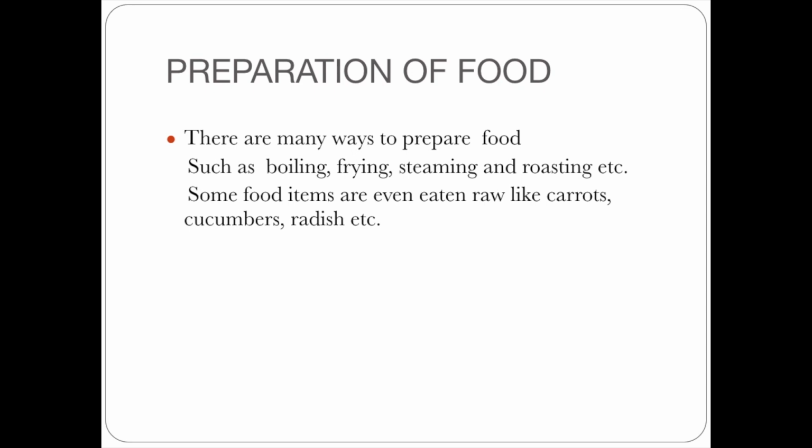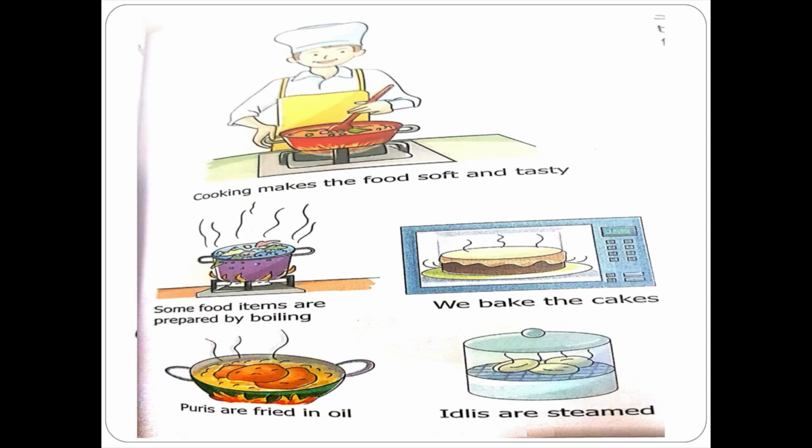There are many ways to prepare food, such as boiling, frying, steaming, and roasting, etc. Some food items are even eaten raw, like carrots, cucumber, radish, etc. We all have seen our mothers cooking in the kitchen.